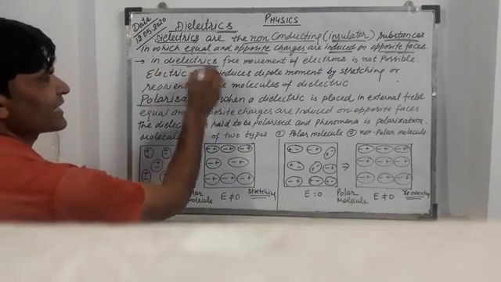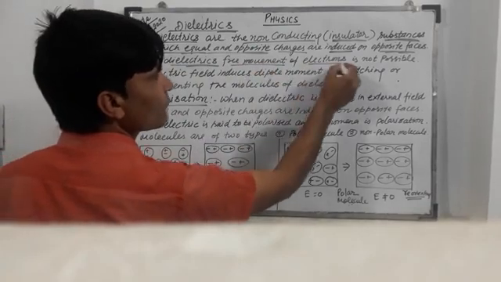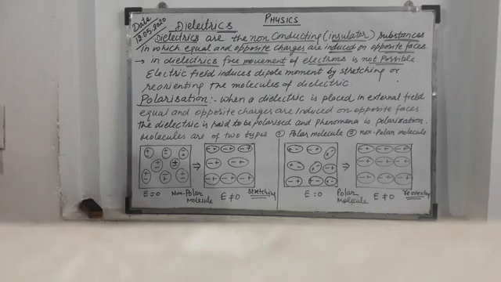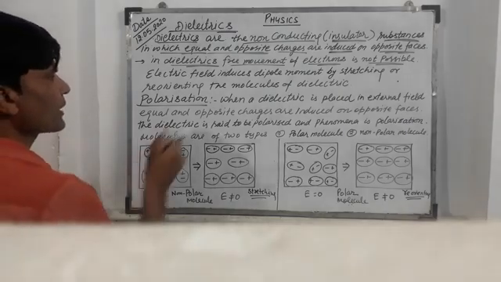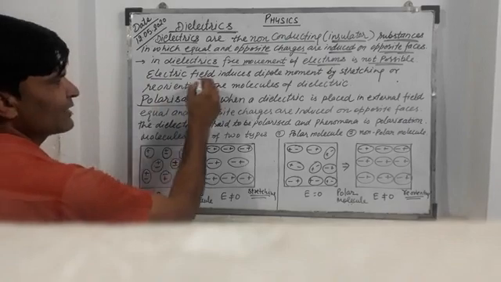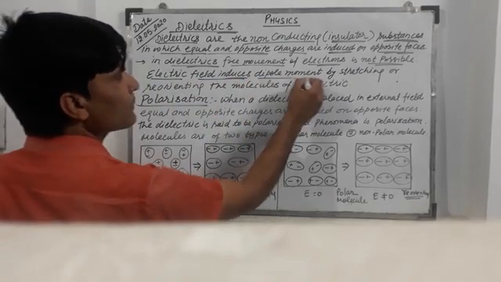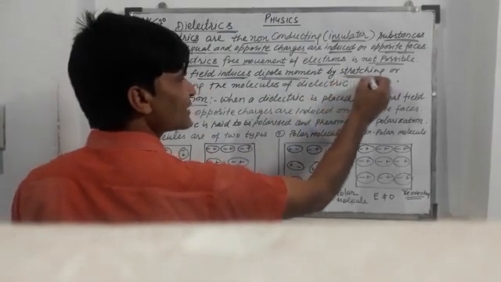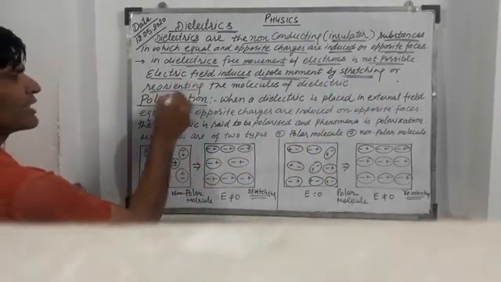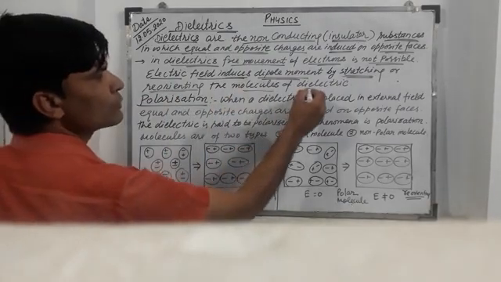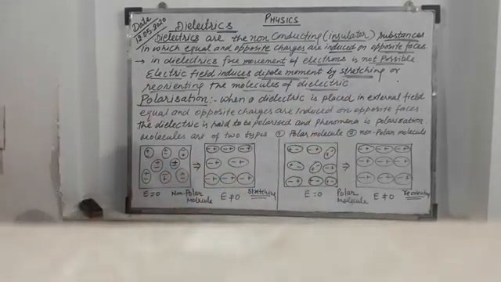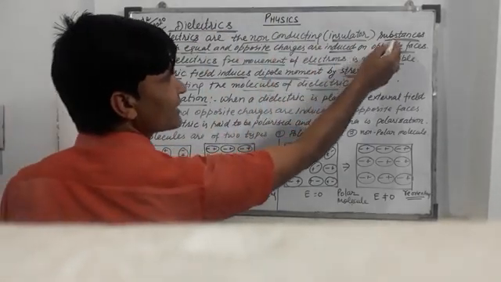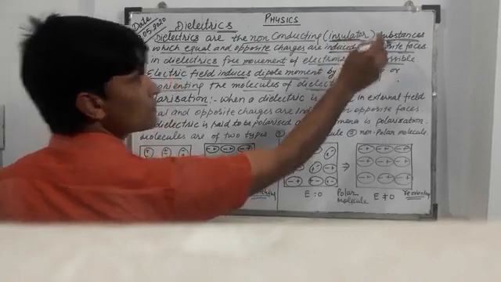But in dielectrics, free movement of electrons is not possible because there is no free electron in an insulator. So the electric field induces a dipole moment in dielectrics by stretching or reorienting the molecules of the dielectric.